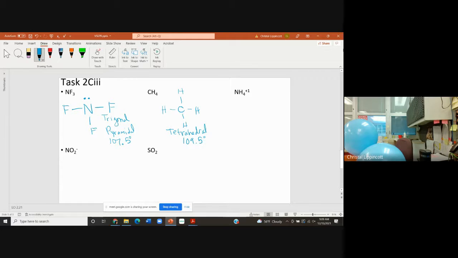Walmart balloon. I don't have any more orange.